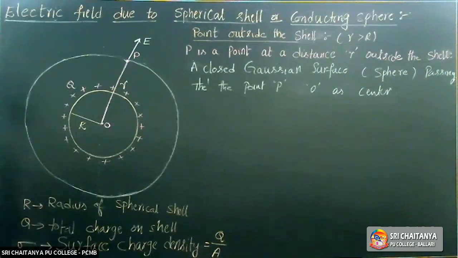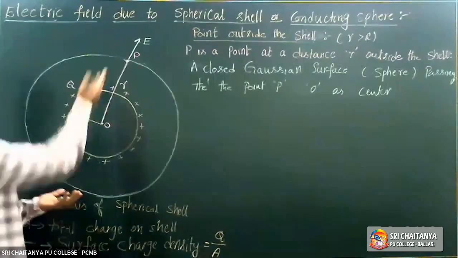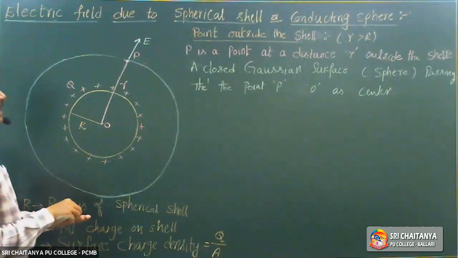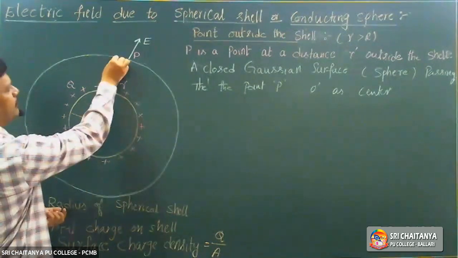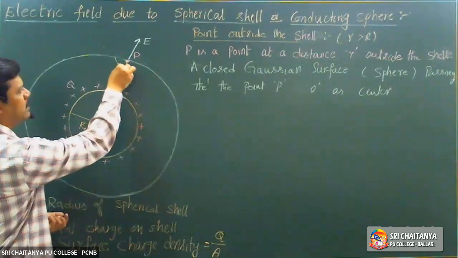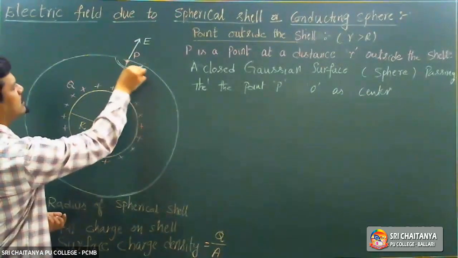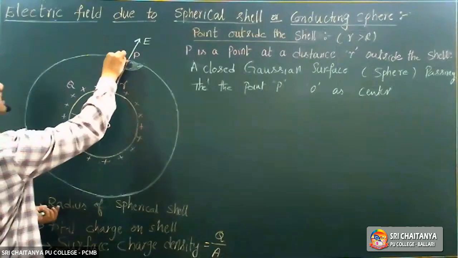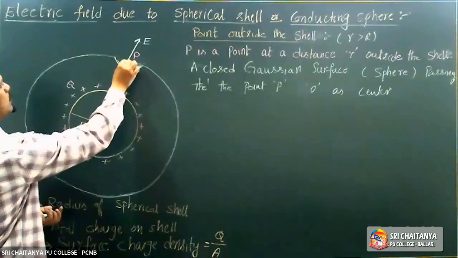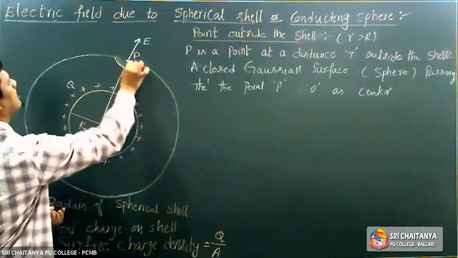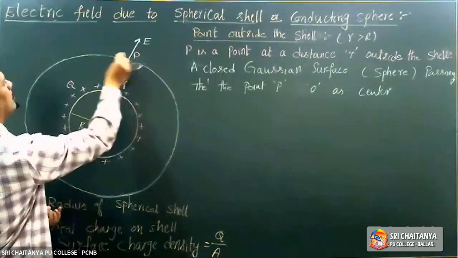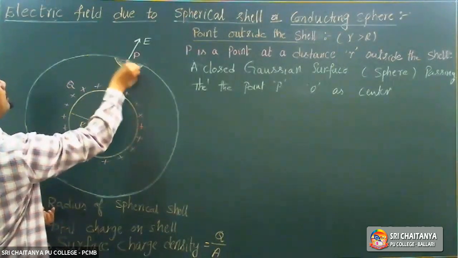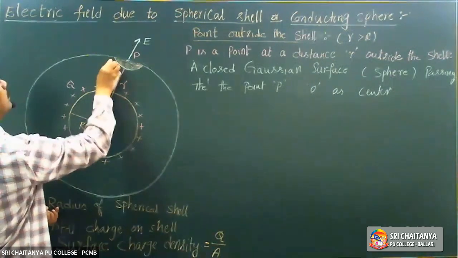Then what is the third step? Divide that Gaussian surface into small elements. Take one such element, right? This Gaussian surface is divided into small elements, and one such element is taken here. This is one such element I consider, a small element dS.